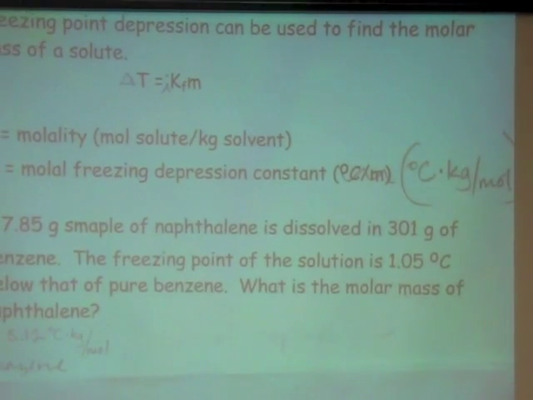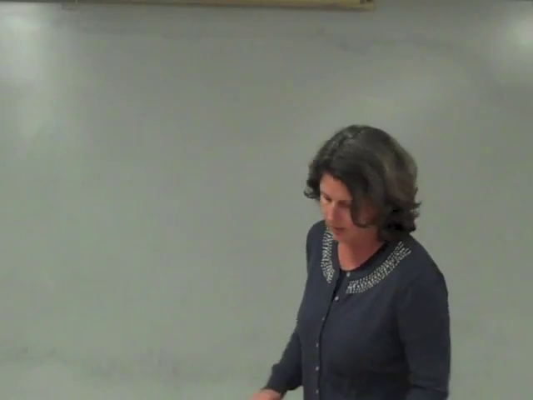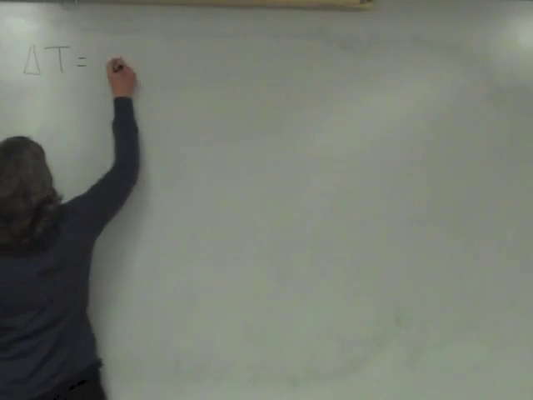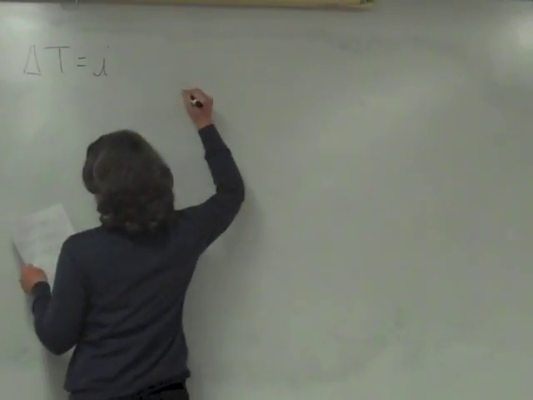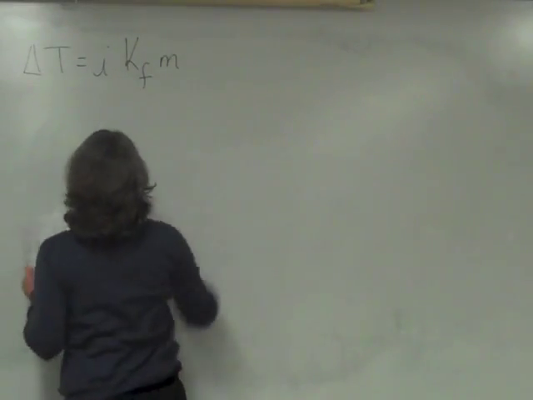The freezing point depression constant for the benzene is 5.12 degrees Celsius kilogram per mole. Our formula is delta T is equal to i K sub F m.